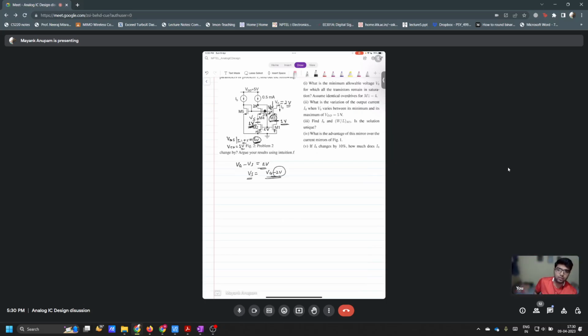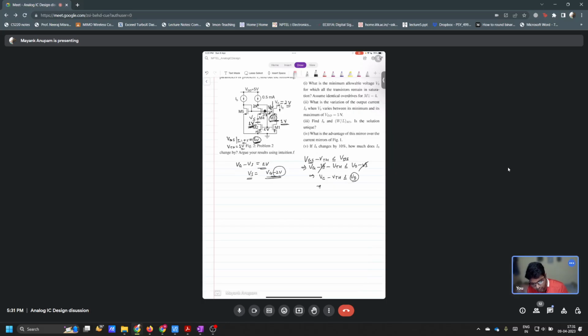Now VGS minus Vth has to be less than or equal to VDS, right? And here VGS can be written as VG minus VS, so VG minus VS minus Vth has to be less than or equal to VD minus VS. VS and VS cancel, so VG minus Vth has to be less than or equal to VD.